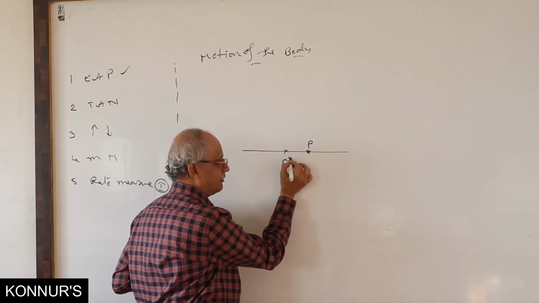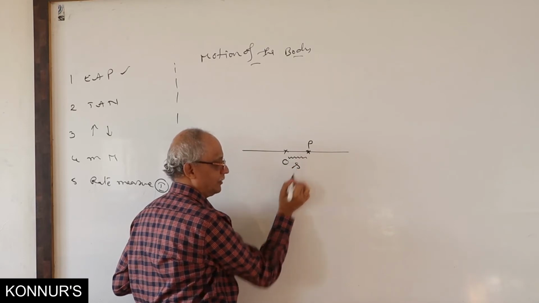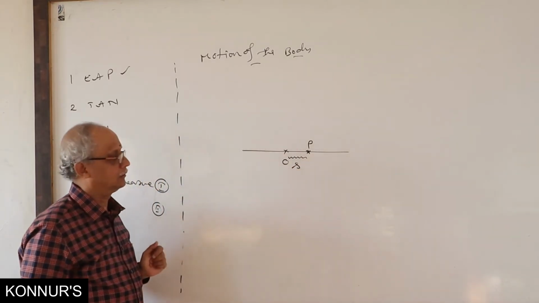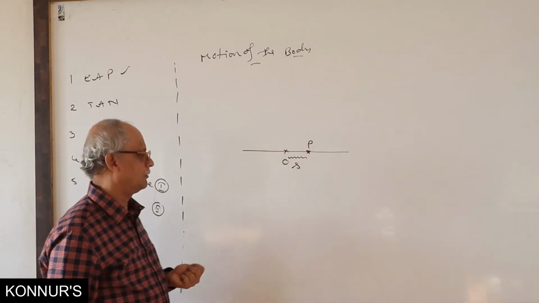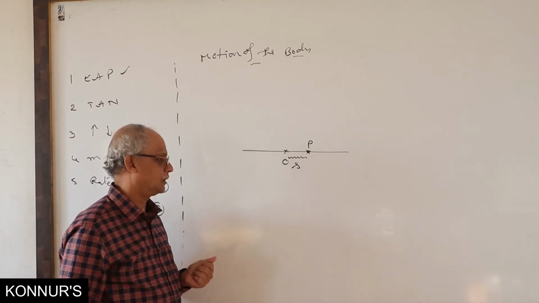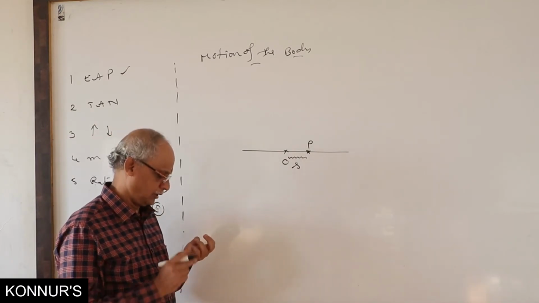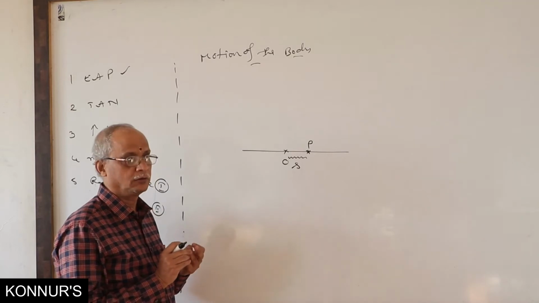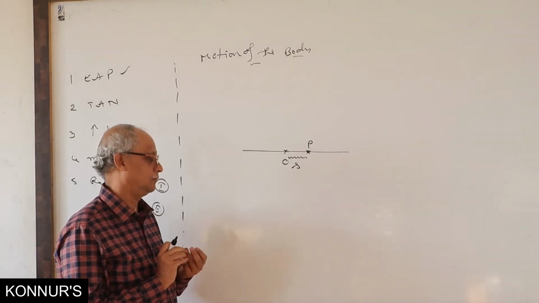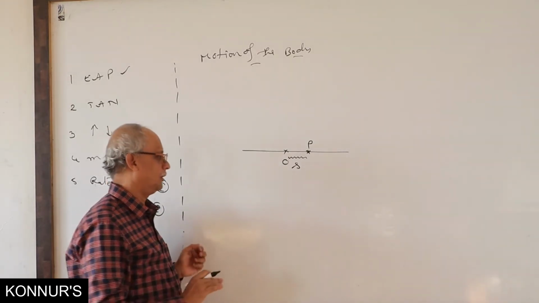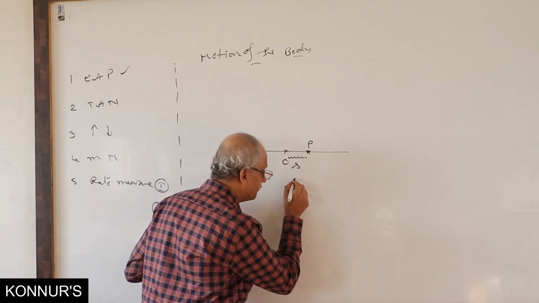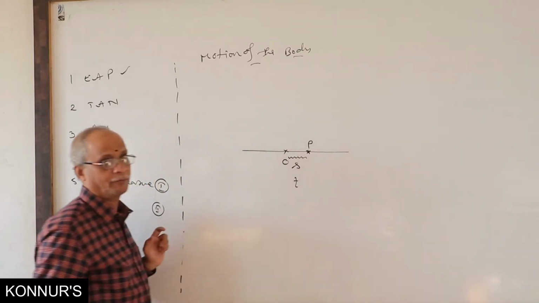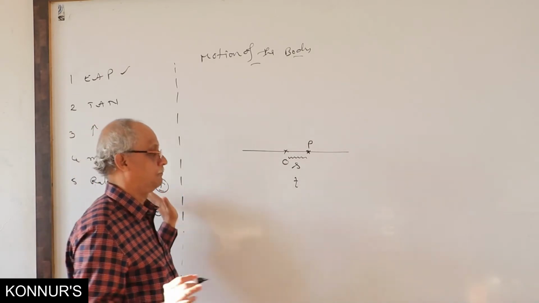The distance travelled is S. When it travels, it generally depends on the time interval. At a particular instant, at a particular time interval, we need T. That is the reason. Definitely there will be a relation between two variables, distance and time.